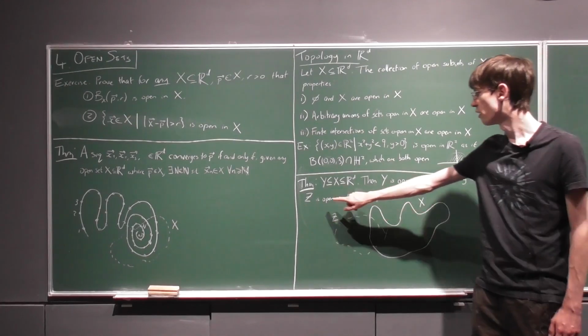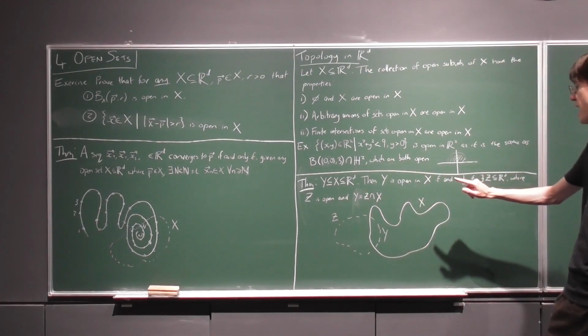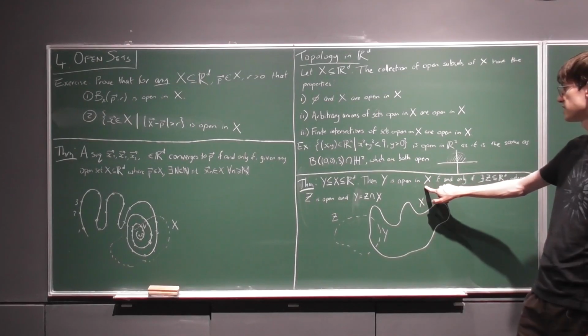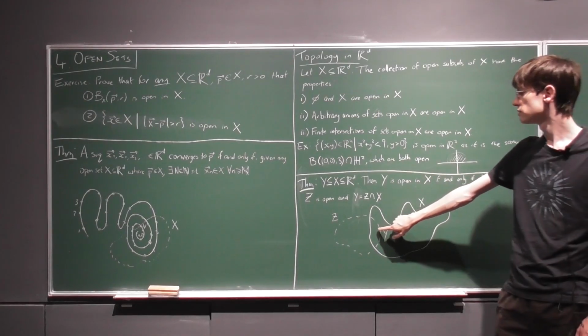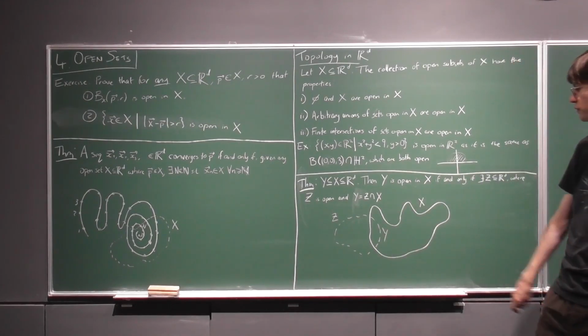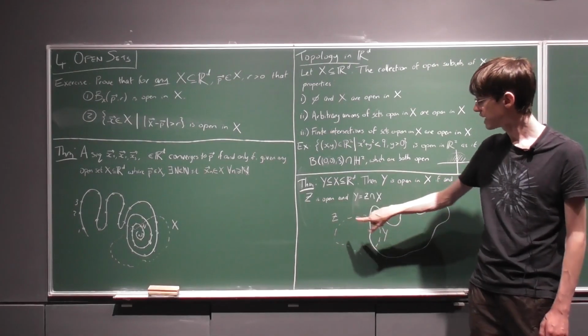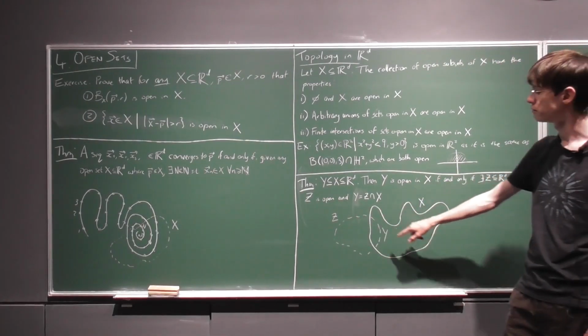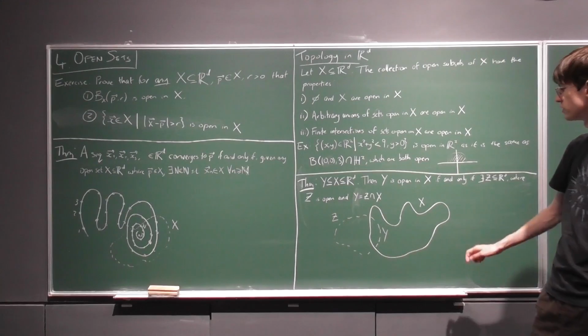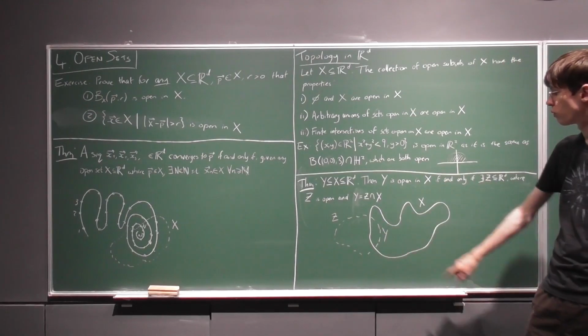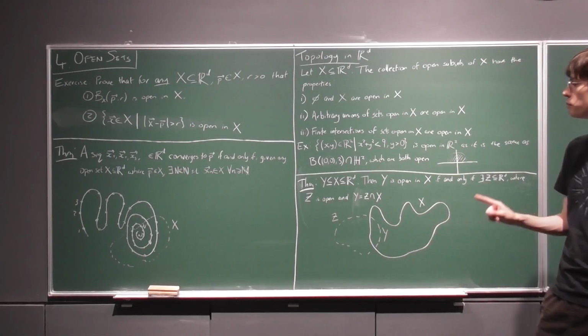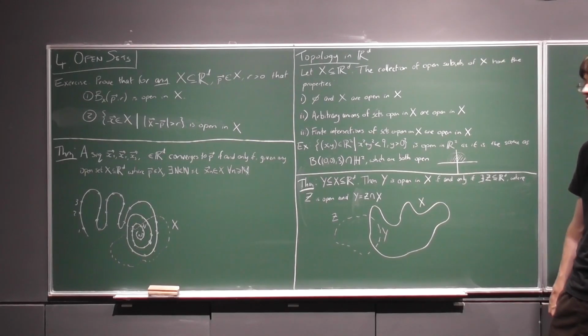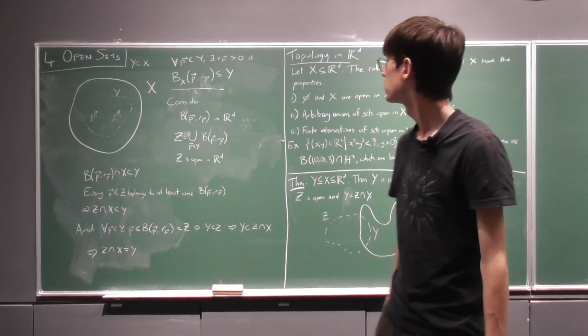If we have an open set in Rd and we intersect it with X, that'll give an open set in X. So we just take this open Z and intersect with X, not necessarily open, to give this Y here, and that Y would be open in X. But the converse mightn't be obvious to you. So I'll give a sketch proof for that now.